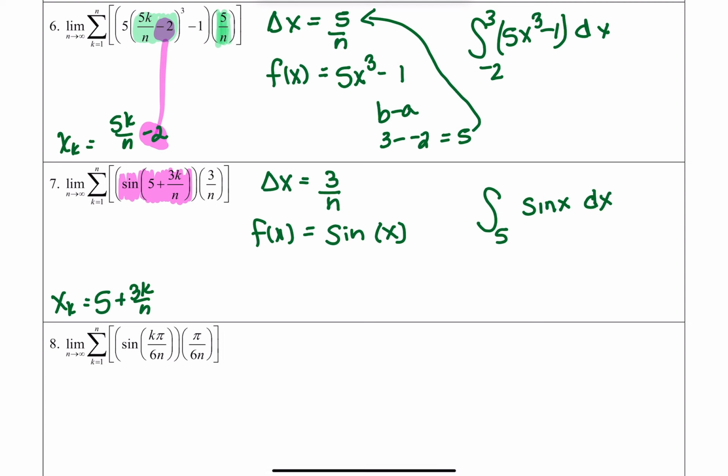Now, my difference is going to be a 3. So now I need to think b minus 5 is equal to 3, which means that my b value has to be 8. So my integral is going to be from 5 to 8 of sine x dx.